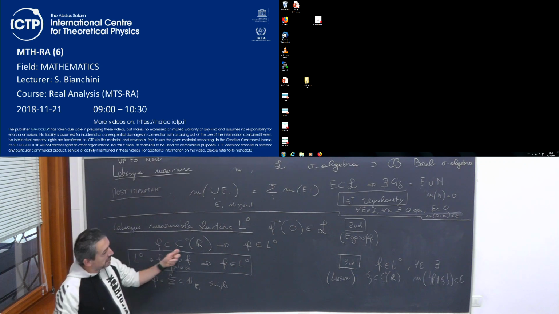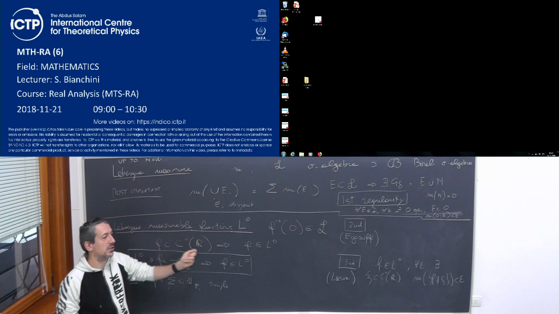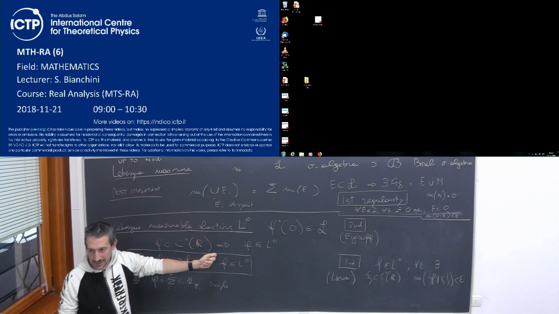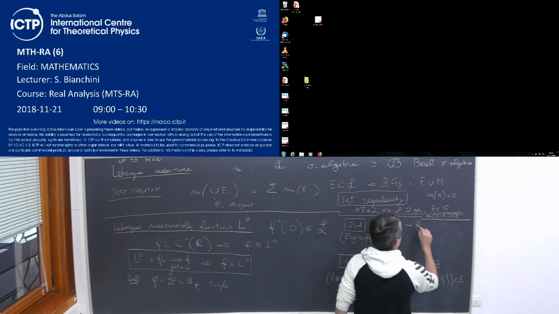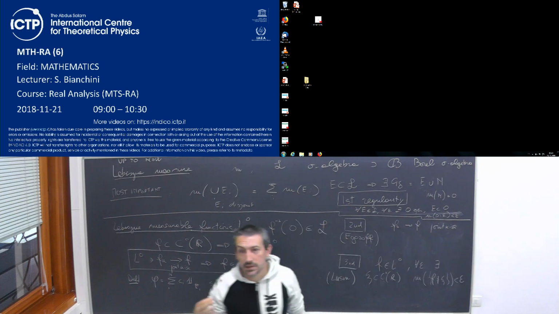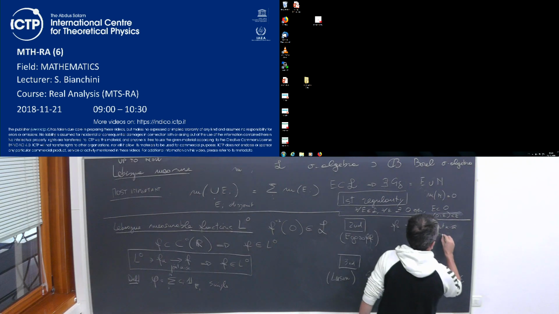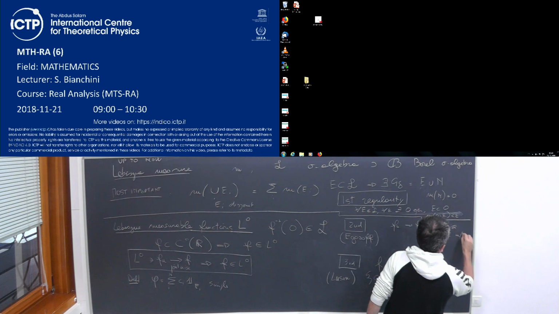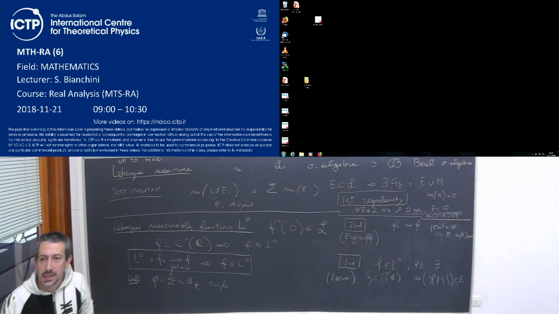Or just a sequence of functions which converges pointwise, which means for any fixed x, the limit converges on a set E. And here I need an assumption: the measure of E less than infinity, if it's a measurable set.